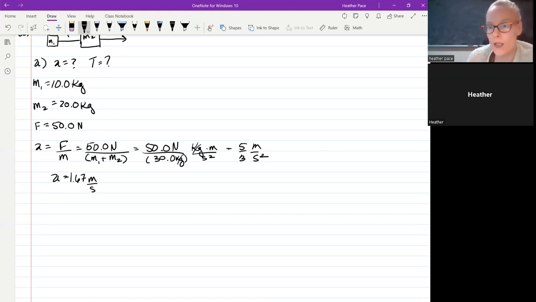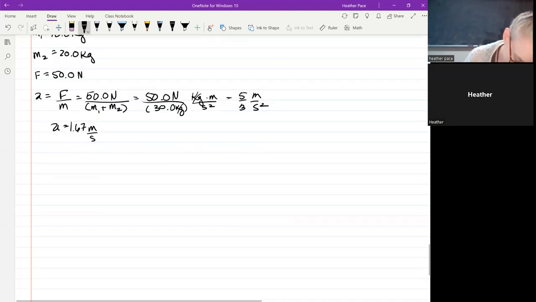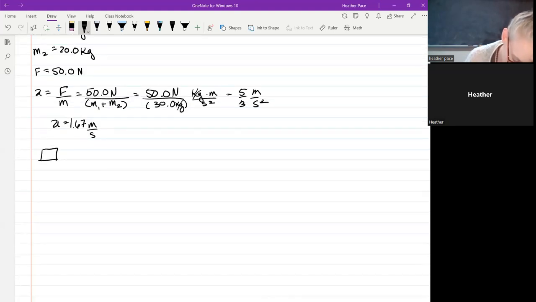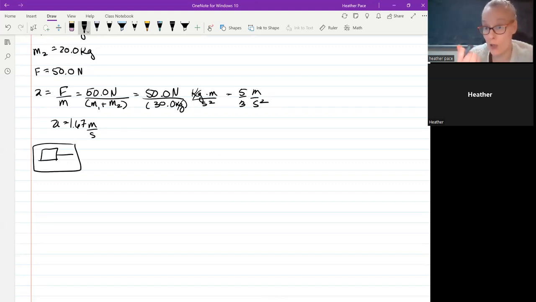All right, now the tension in the string. So how are we going to solve for the tension in the string? So if we look at just this system, it has tension, so a force, and the mass of that box.